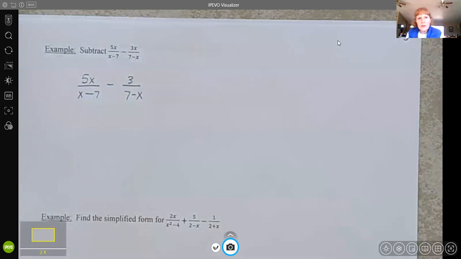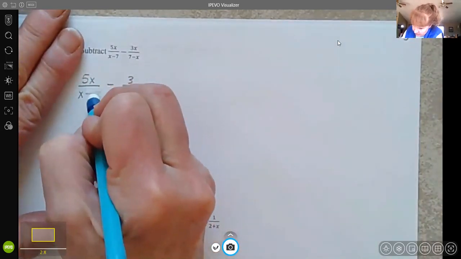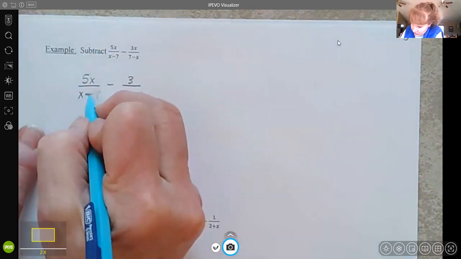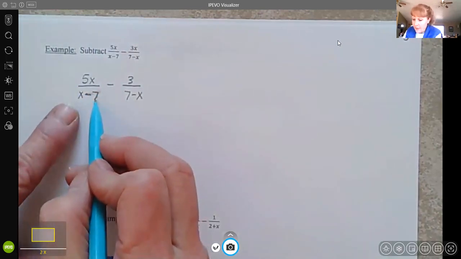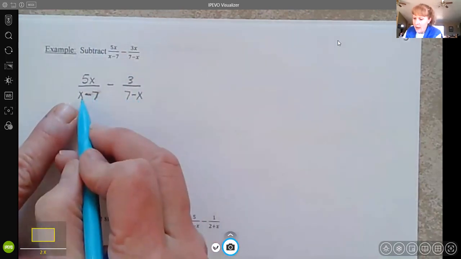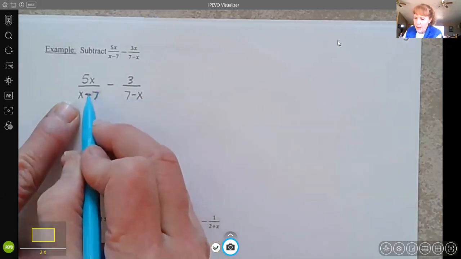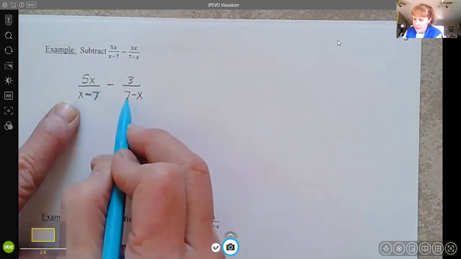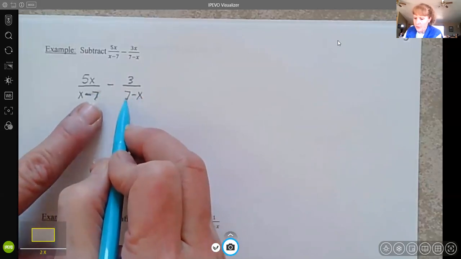These two denominators are equal and opposite. So we have x minus 7 and a 7 minus x. A positive x, a negative x. A negative 7, a positive 7. So there you have opposites with both numbers.